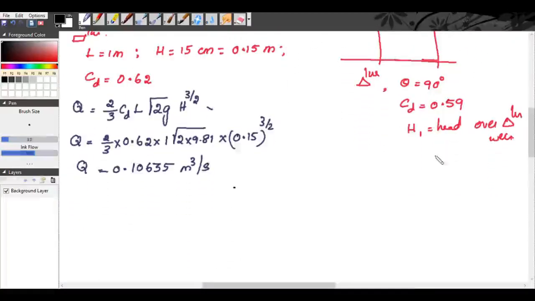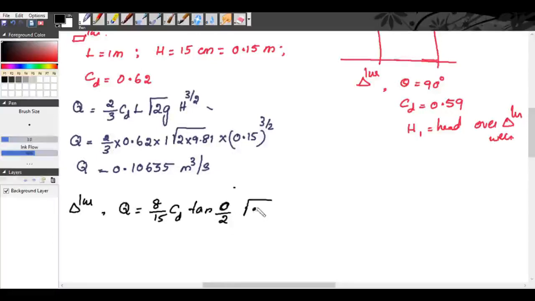So, we know for the triangular weir, Q is equal to 8 by 15 CD tan theta by 2 into square root of 2g H raised to 5 by 2.